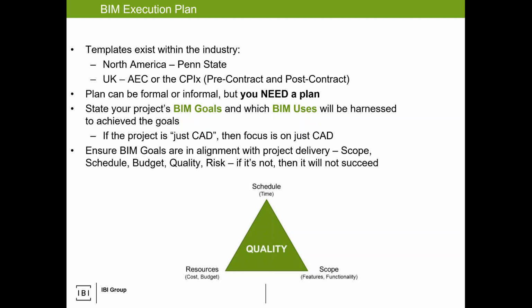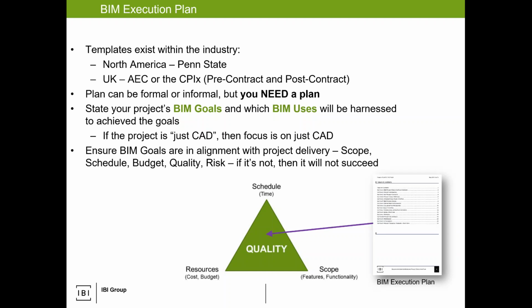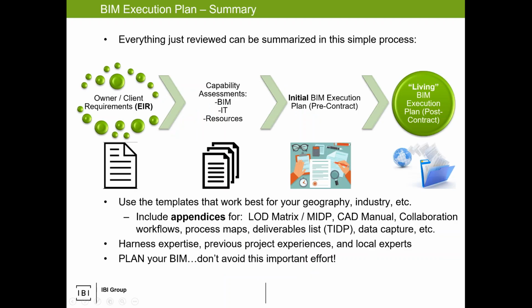If I increase scope, you break the triangle without increasing the others and you fail. Or you say, well, I'm going to BIM to such a high level of detail, my model quality will be phenomenally beautiful. Well, you've just exploded the triangle. Quality has to stay in balance with scope, schedule, and budget. So I'll say that over and over again, and the execution plan is meant to define how to do that.